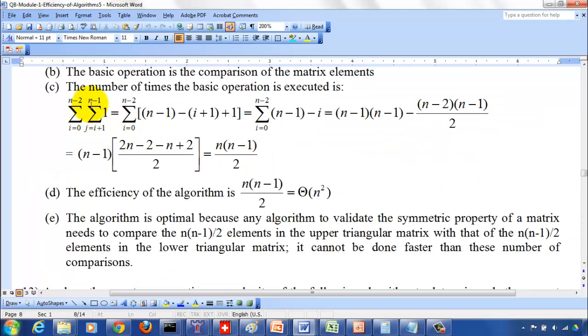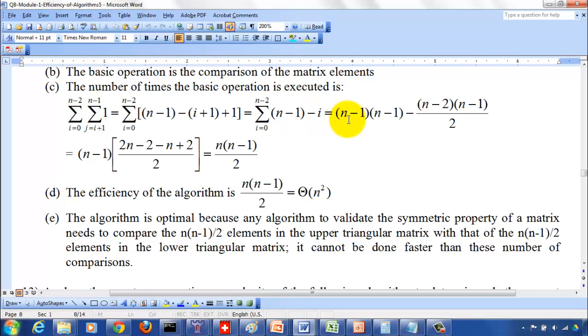So now I can apply my upper limit minus lower limit formula. The outer summation stays as it is, sigma i equals 0 to n minus 2, of n minus 1 minus (i plus 1) plus 1. So it's n minus 1 minus i minus 1 plus 1. The minus 1 plus 1 cancels, so it's n minus 1 minus i. Now I can substitute the values of i equals 0 up to n minus 2.